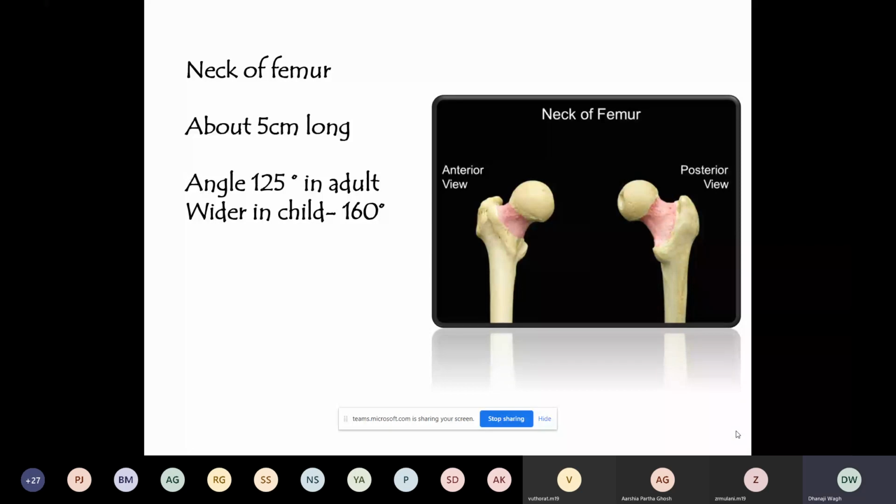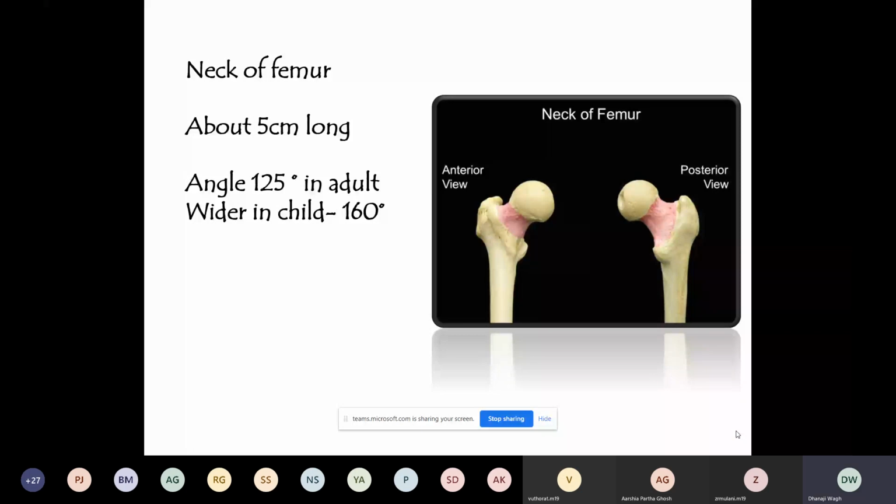Okay. Now see this posterior view. The posterior surface of the neck is convex from above downwards and concave from side to side. It meets the shaft at the intertrochanteric crest. Remember these two words. Intertrochanteric line is anterior, intertrochanteric crest is posterior.